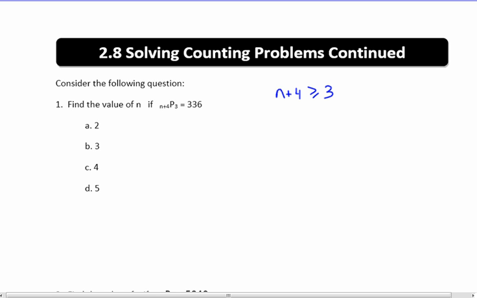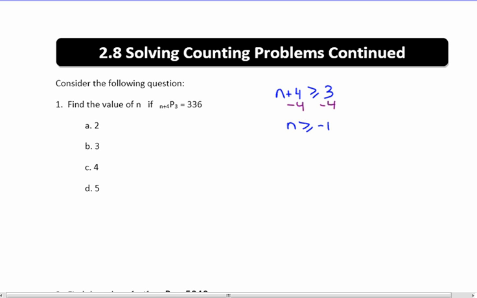I subtract 4 from both sides. And so we know our n value has to be greater than or equal to -1 in this case. Okay, if it was equal to -1, then we'd have 3 objects. So those are the restrictions on n here. Okay, our n value we know has to be greater than or equal to 1.